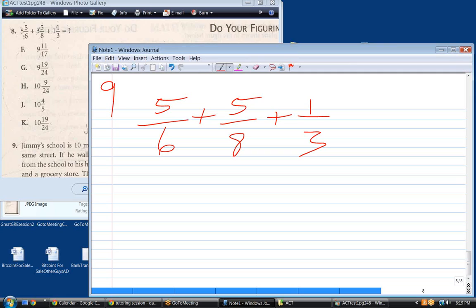So let's go through the process of finding a least common denominator. How do I find the least common denominator? We need a number that all three of these go into. So the way you do it is you start with the biggest one, 8. Is 8 divisible by all three of those? Is it evenly divisible?